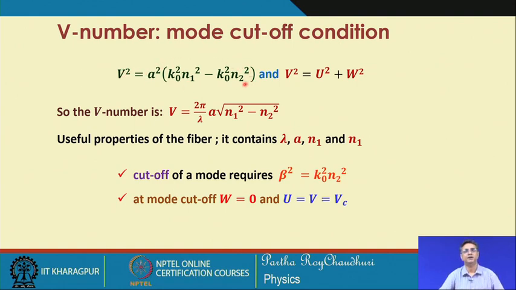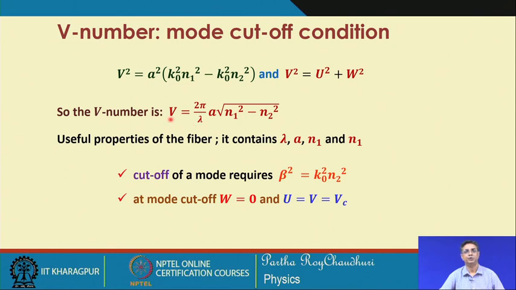It can be defined through the numerical aperture, because V equals k 0, that is 2 pi by lambda, times a, times the square root of n 1 square minus n 2 square. We have seen that the square root of n 1 square minus n 2 square is the numerical aperture of the fiber. So with numerical aperture also, the V number is defined.